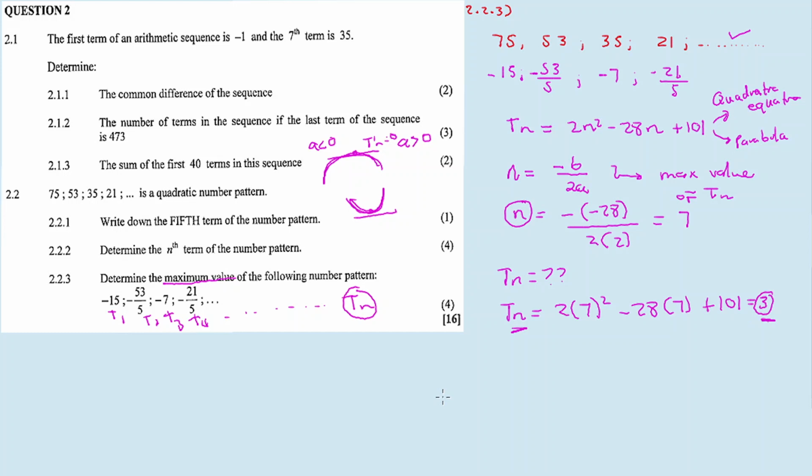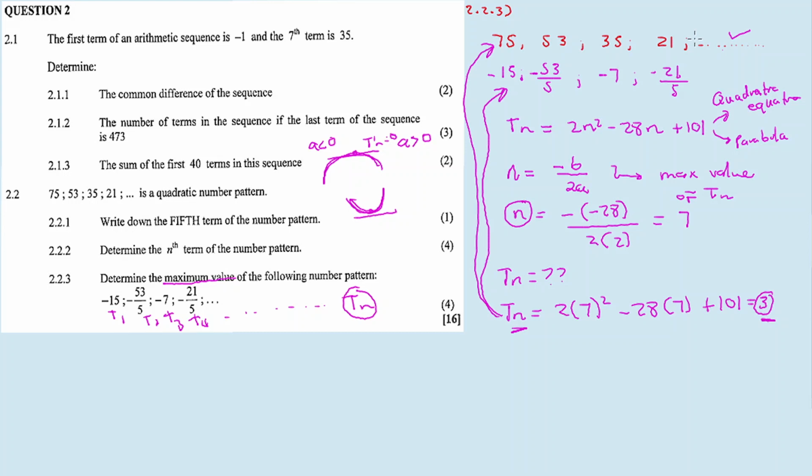But guess what? This Tn is not for this number pattern. Remember, 7 said the n term for the old number pattern. So where is this Tn from? It is from the old number pattern.